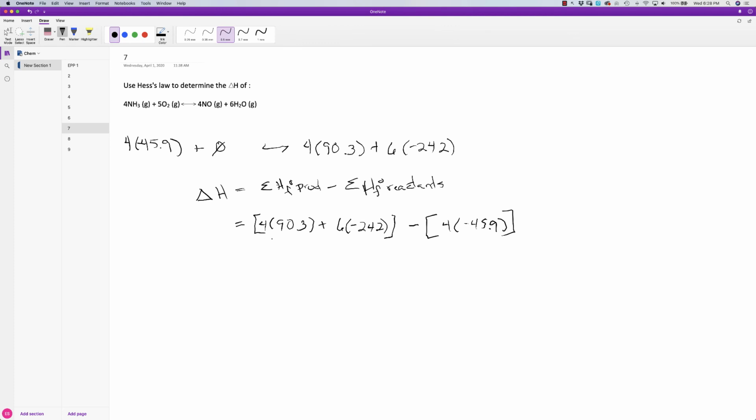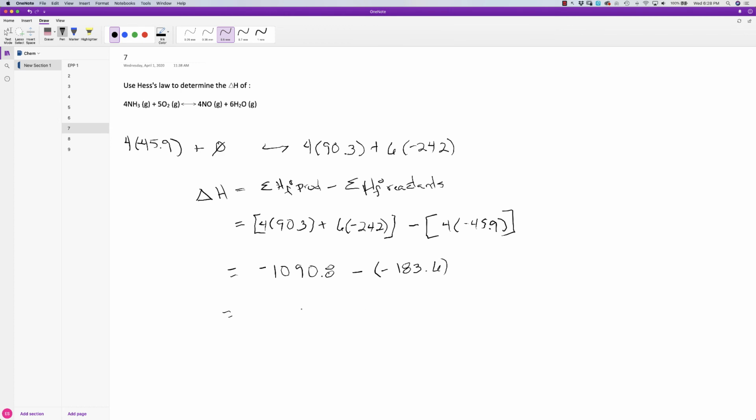So we do our math, come up over here with negative 1090.8 minus a negative 183.6.